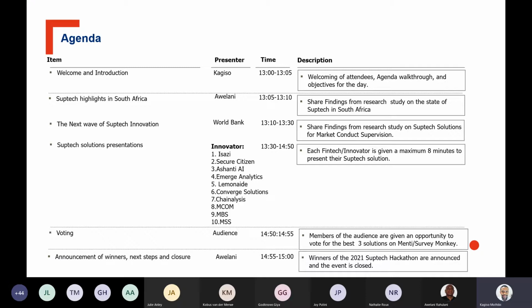And then we will get to hear from World Bank, who did a very compelling and insightful piece of research around supervisory technology and are able to give the global picture for what that currently looks like and where the areas of innovations are. Then we will hand over to the innovators to demonstrate solutions and propositions that they have that could potentially address some of the risks that we face.